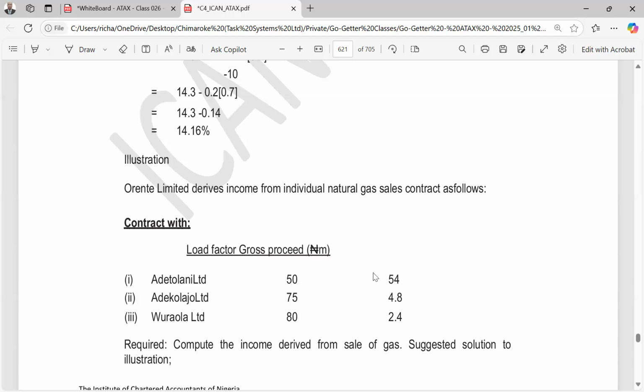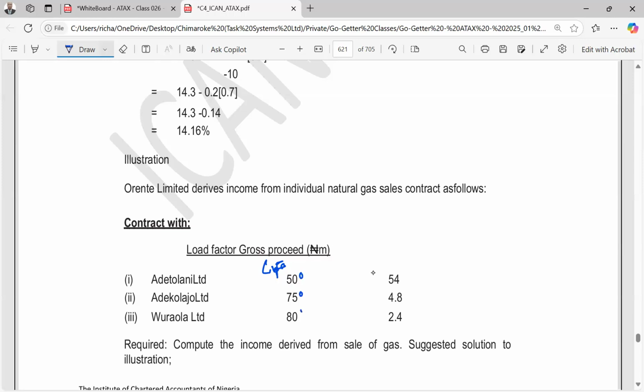So let me do it well here. This is load factor. Let me call this one LF. This is degree. Then this is amount, in millions and billions.